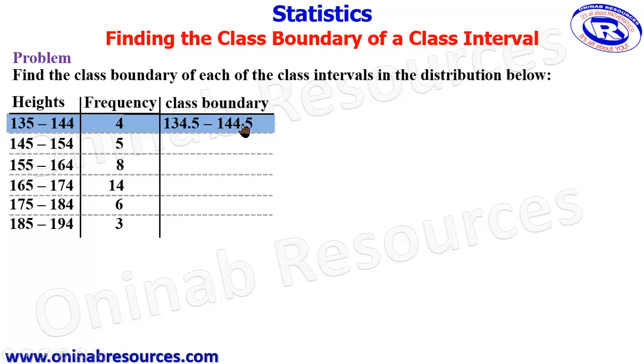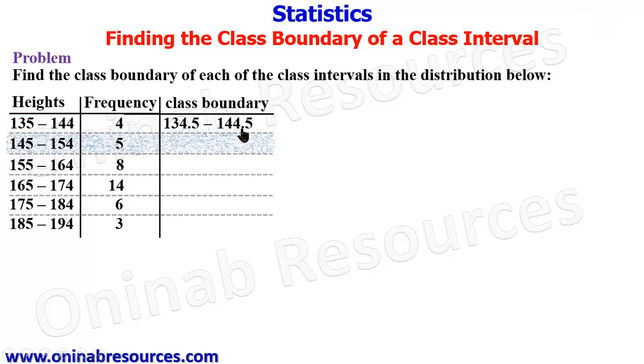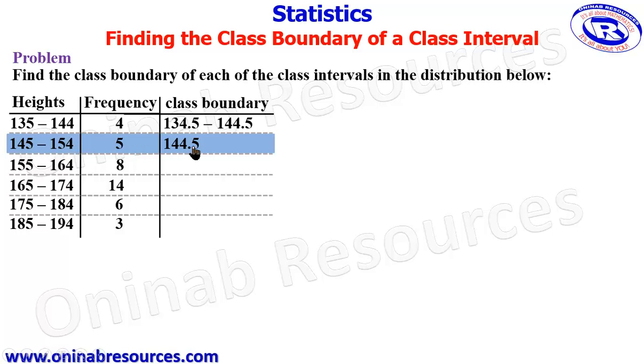This 144.5 will automatically become the lower class boundary of the next class interval. Remember, we would have added 144 plus 145 divided by 2 to give us the lower class boundary of this class interval. So we have it here.